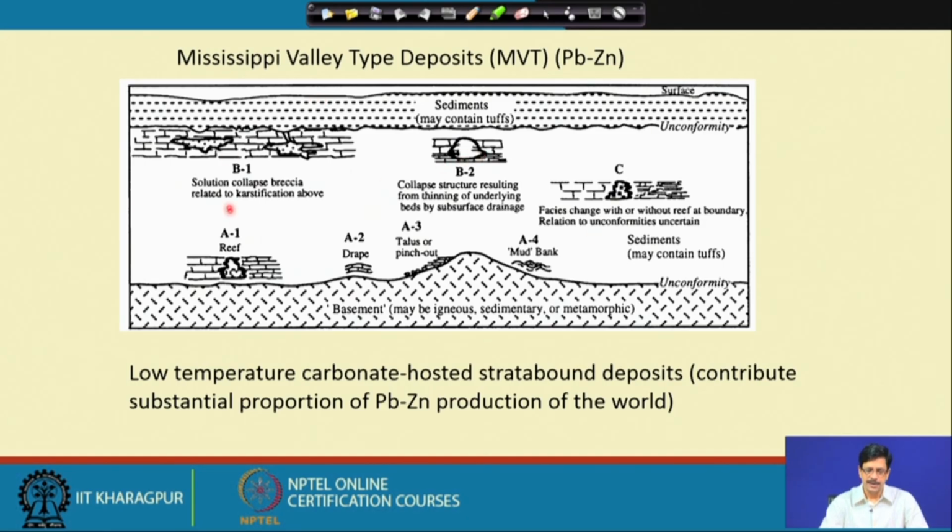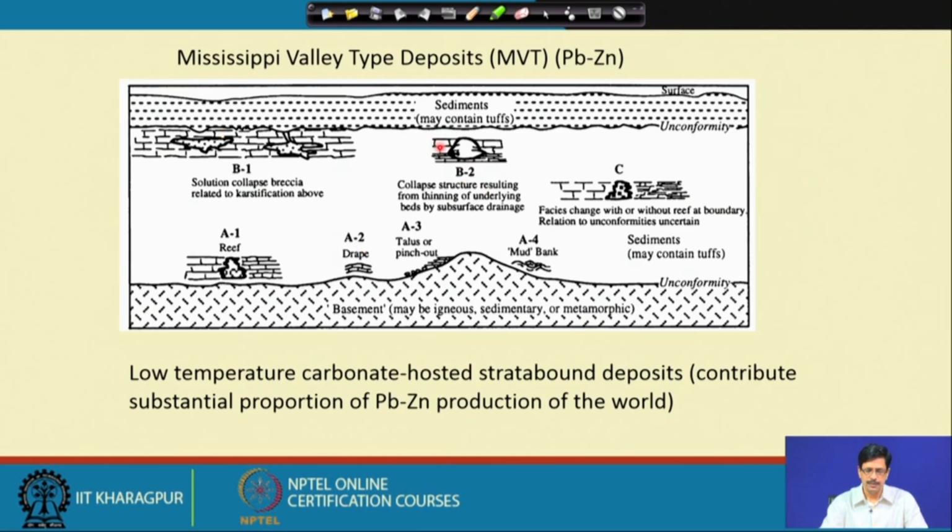And this diagram is a composite diagram which shows all the possible conditions in which we can see this MVT type of ore forming. Situation 1 could be a solution collapse breccia related to karstification, which means essentially cavities in the limestone, which we call karsts, and there could be deposition of metal sulphides of lead and zinc.